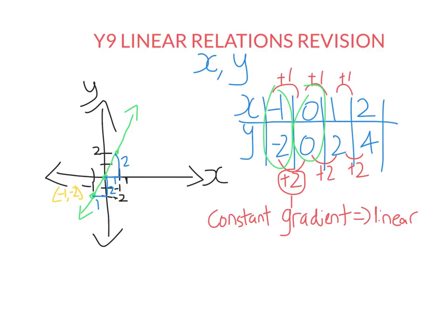So we're often interested in the equation of lines. So the equation is a rule that tells us how do we find the y value if we know the x value. So in this case, the equation of the line is y equals 2x plus 0. I can write it in the form y equals mx plus b.